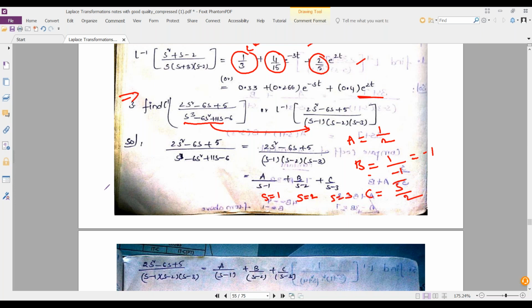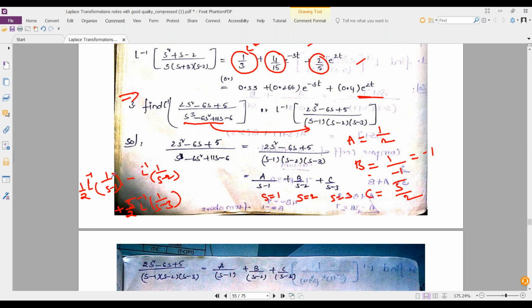Once you have these values, the inverse Laplace of A value is 1 by 2 times the inverse Laplace of 1 by s minus 1, plus the B value, minus 1, as the coefficient of the inverse Laplace of 1 by s minus 2, plus the C value 5 by 2 times the inverse Laplace of 1 by s minus 3.